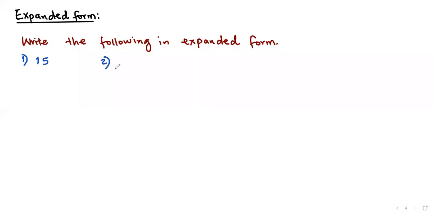Number 2, let's have 349. And number 3, let's have 7,692. These are whole numbers. These are integers. Let's see how we can write them in expanded form. Let's have our solution.